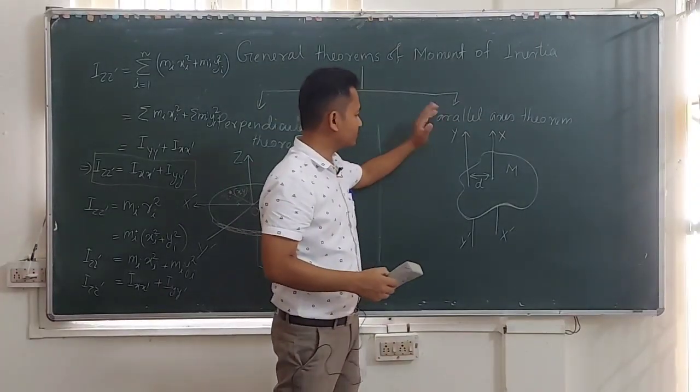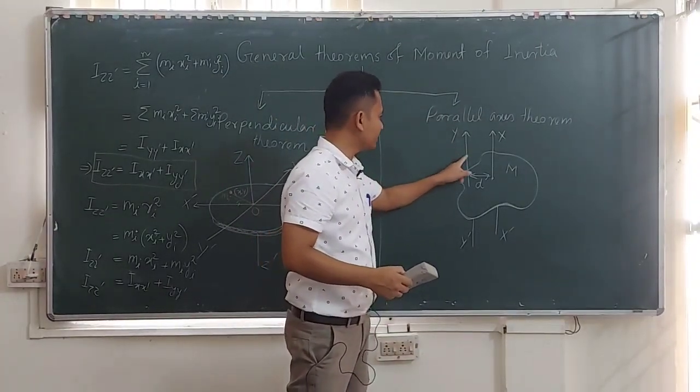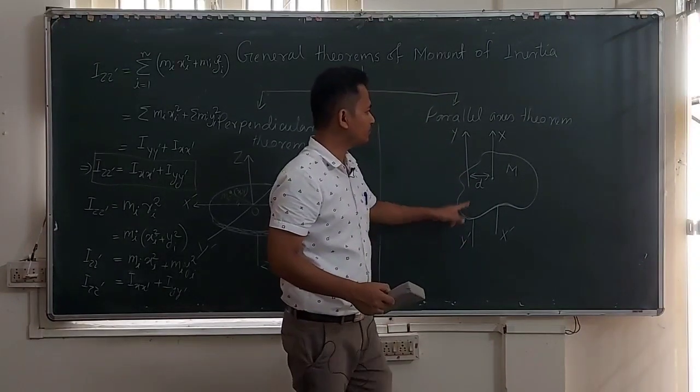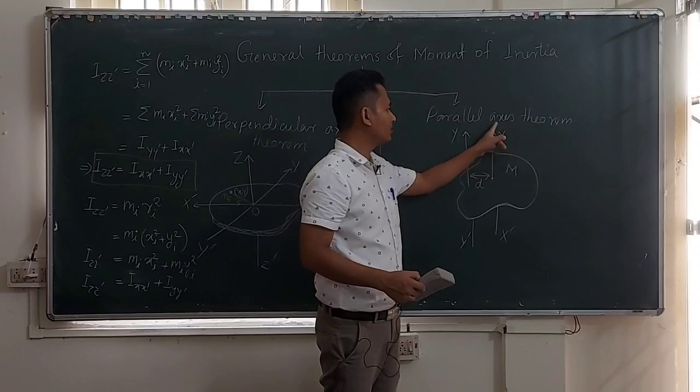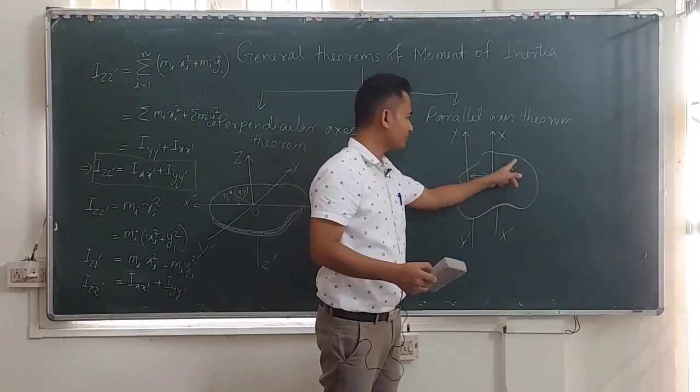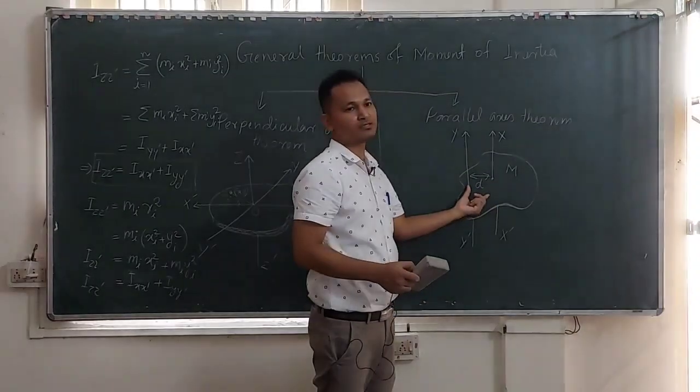According to the parallel axis theorem, the moment of inertia about y prime is equal to the moment of inertia about the x prime axis plus the product of the mass of the lamina and the square of the distance.